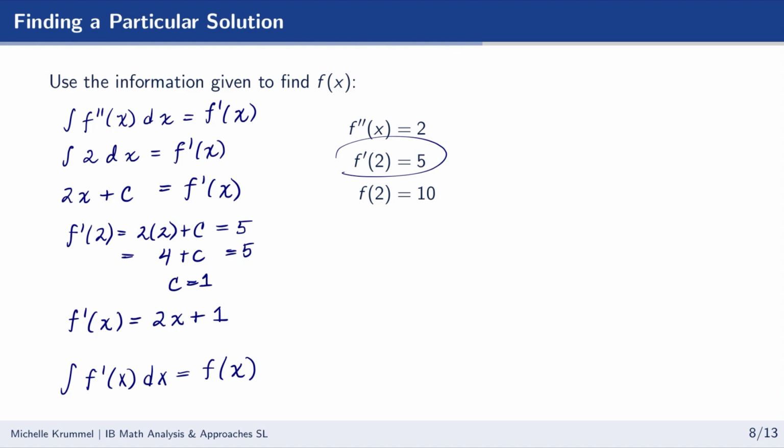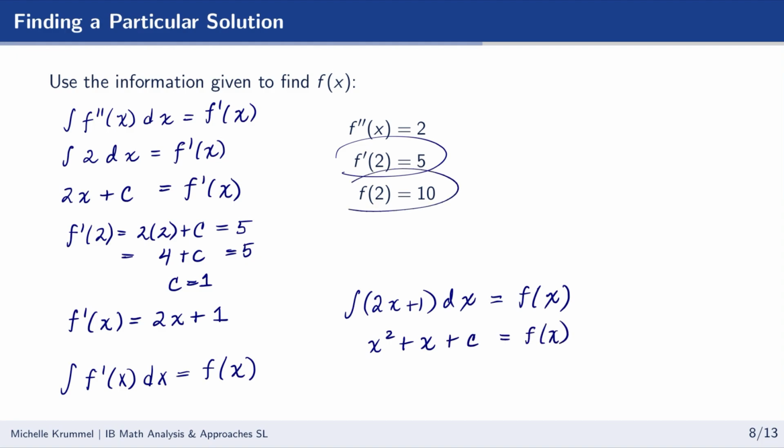Okay, so the integral of f prime of x dx is going to be the integral of 2x plus 1 dx, and that is going to give us f of x. And when we integrate 2x plus 1, we get x squared plus x plus c. So that's our f of x.